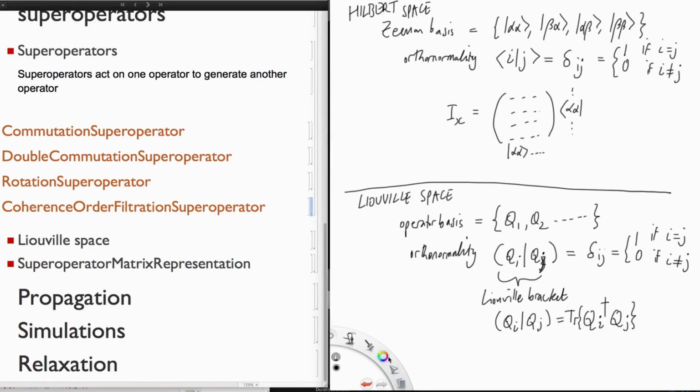So what's all that about? The adjoint, this dagger, is no big deal. It just means you take the transpose of the matrix and you also take the complex conjugate.